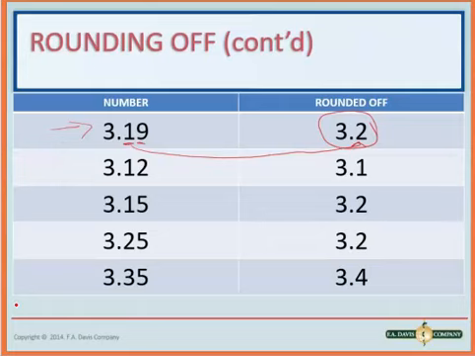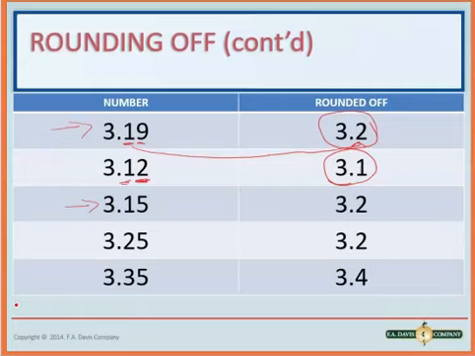In our second example, let's look at our 2. Is our 2 greater than 5? No. So this would fall under that second rule. We're not going to be able to round our 1 up to 2 because our 2 is less than 5. So our answer is going to be 3.1.